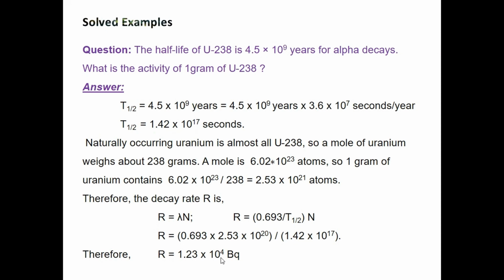So 1.2 into 10 to the power 4 decays are occurring per second for uranium, which is alpha decaying. 1 gram of that will have this many reactions.